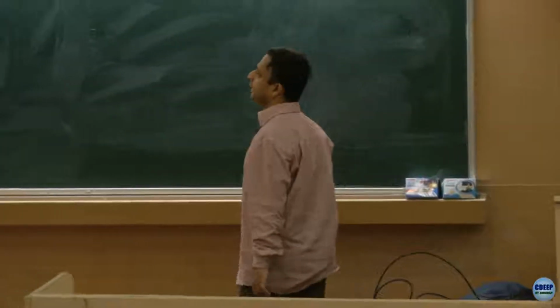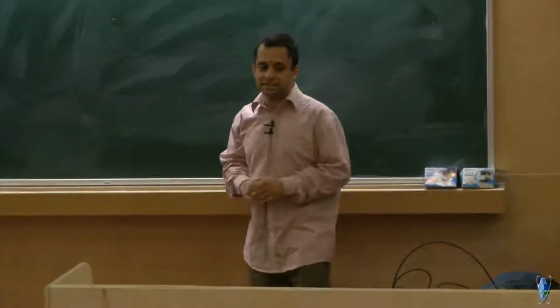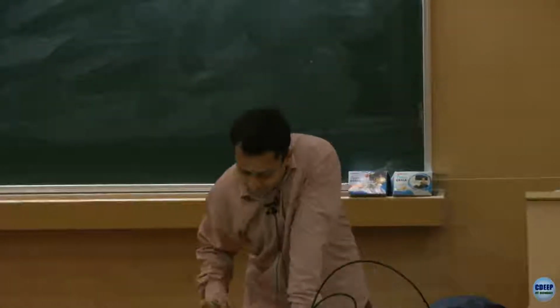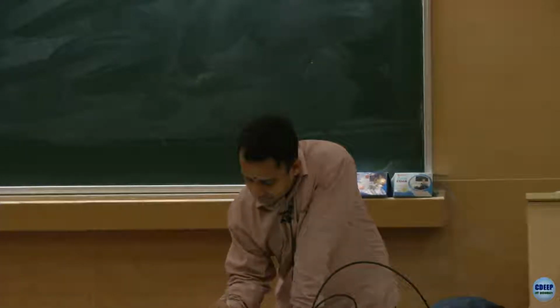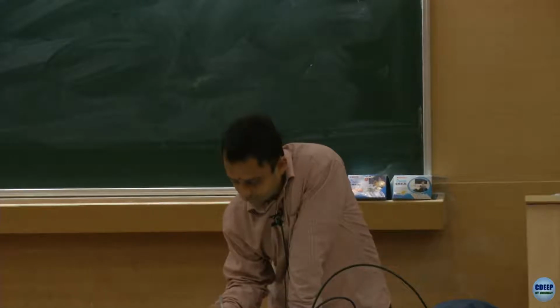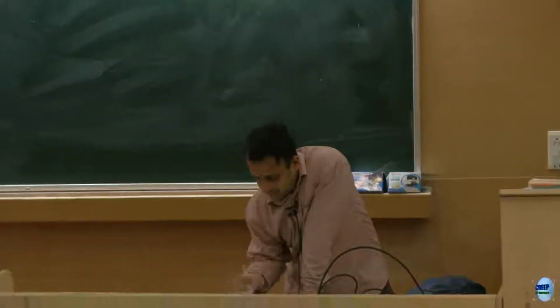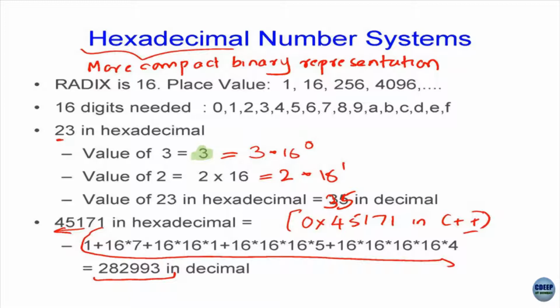So 23, for example, in hexadecimal is interpreted as follows. The value of 3 will be 3, more specifically 3 into 16 raised to 0. And 2, the second digit that we process, is 2 into 16 raised to 1.